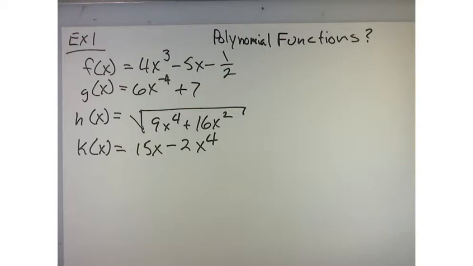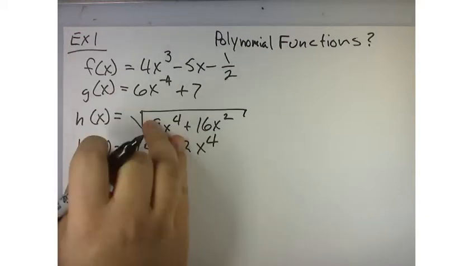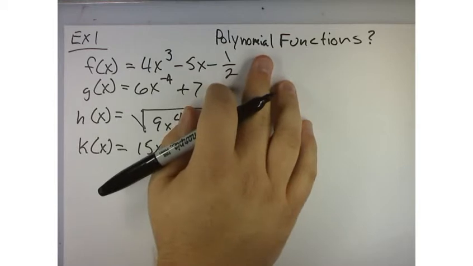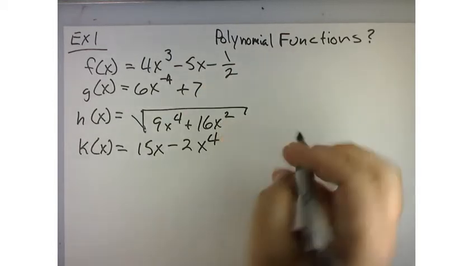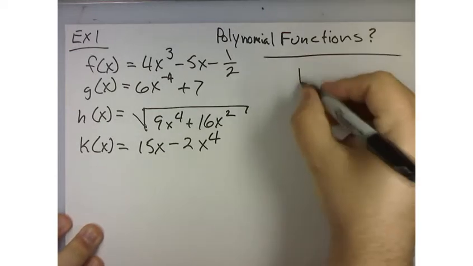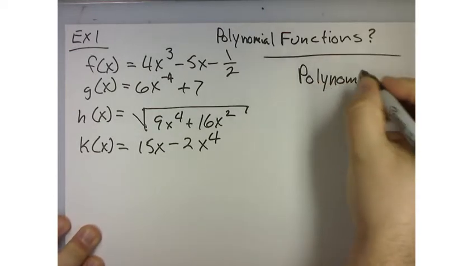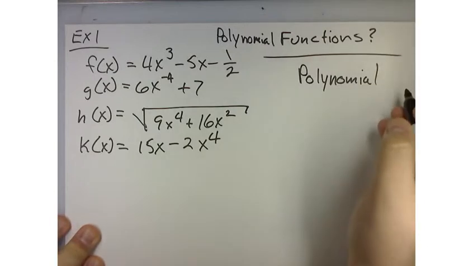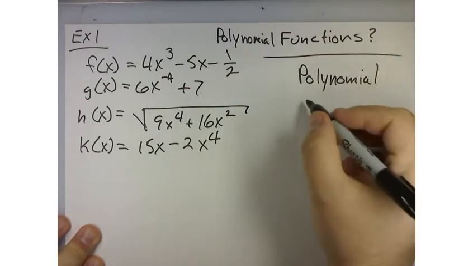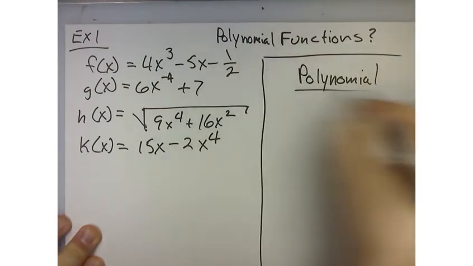So this is like a labeling thing, right? Because they're all functions, right? But polynomial is a specific family of functions. So what is a polynomial? Well, nomial is a term, and poly means many, so it's a function that has many terms.